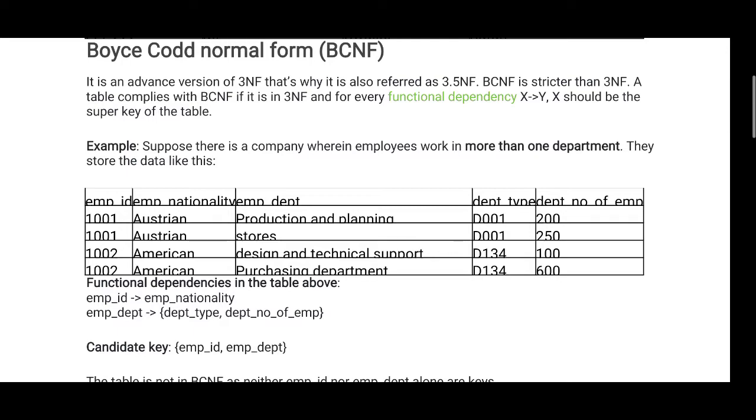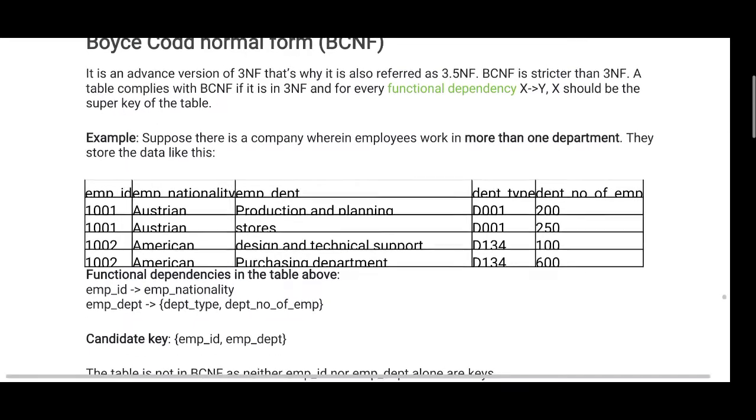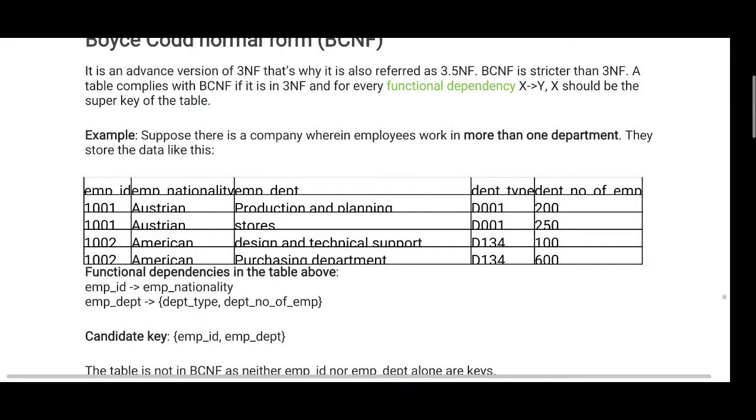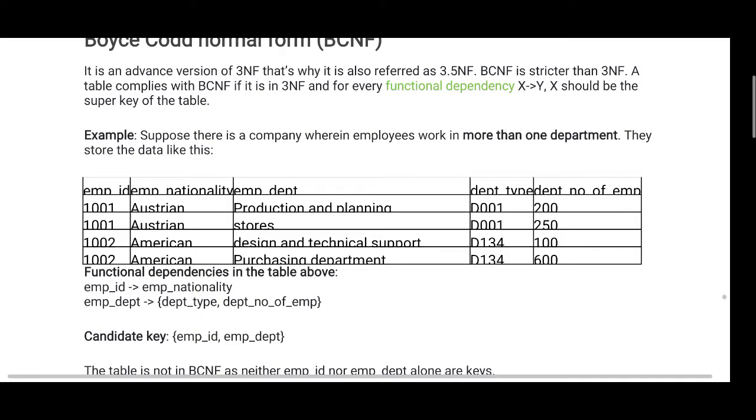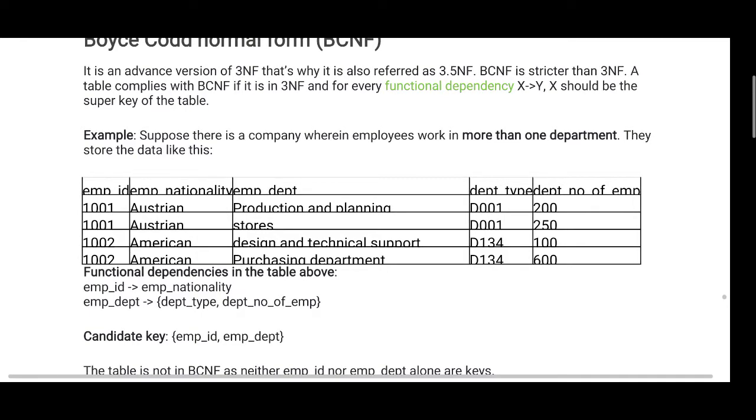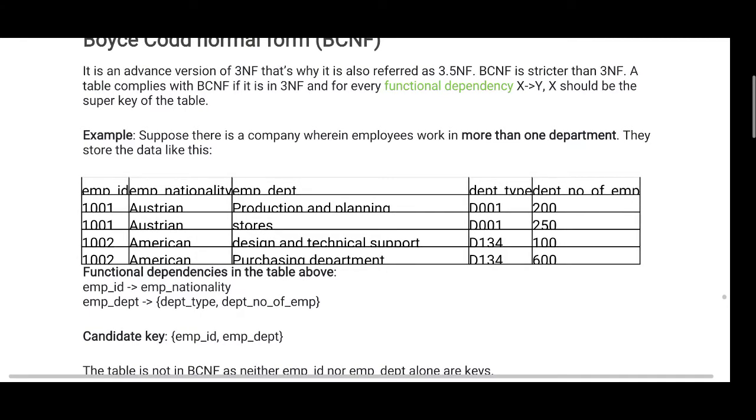It satisfies the third normal form condition, and a table complies with BCNF if it is in third normal form and every functional dependency should be a super key of the table. BCNF satisfies two conditions.